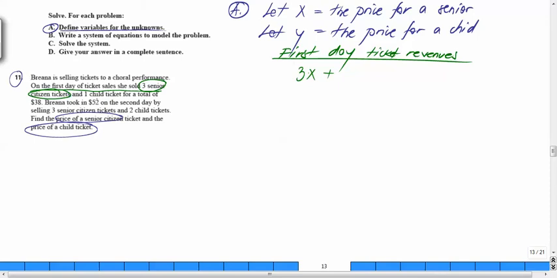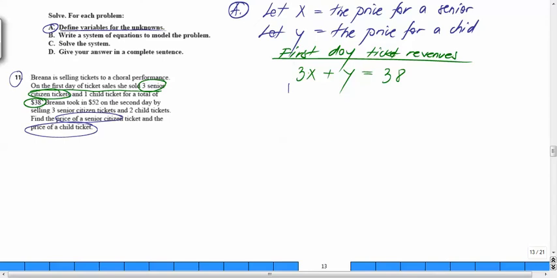She sold only one child ticket, so it will be 1 times the cost of that, which is Y. Together, 3X and Y, the money from selling senior tickets added to the money from selling children's tickets for the first day, gave her $38.